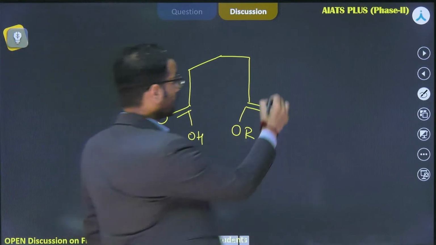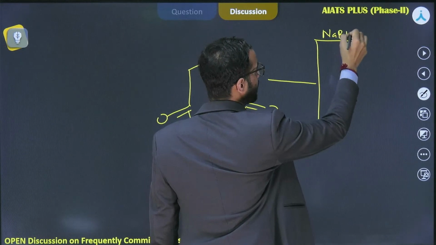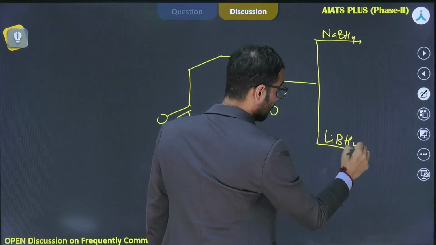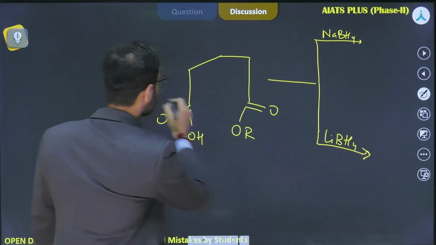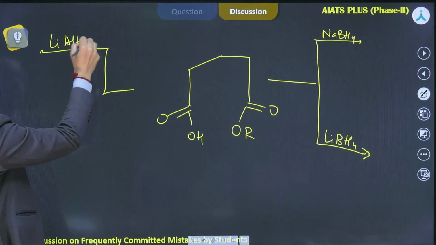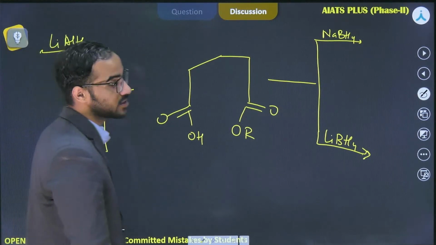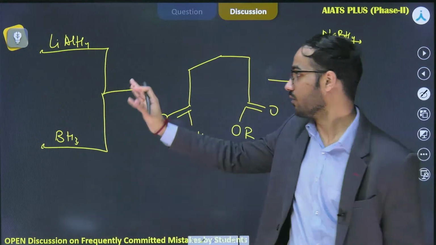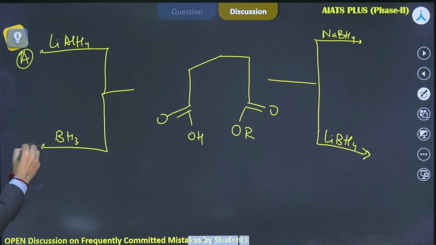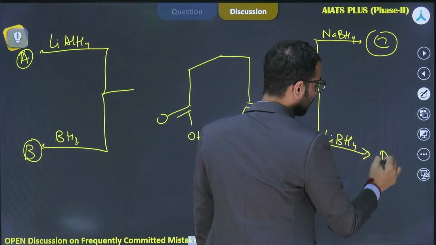You are reacting with, let us say, first NaBH4, second LiBH4, third LiAlH4, and fourth BH3. What is the product formation? We can mark them as A, B, C, and D.